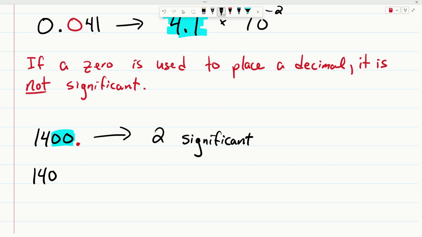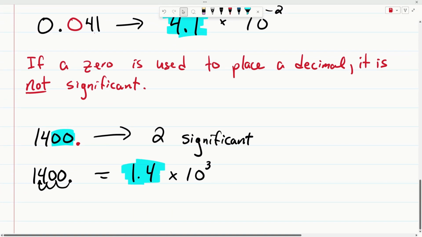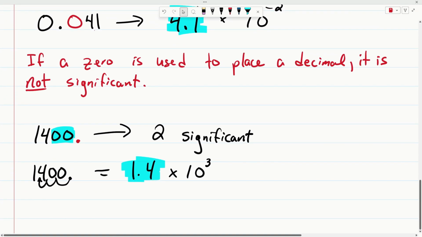Again, we could write this number as 1.4 times 10 to the third. Okay? Once again, 2 significant digits. So, if a 0 is used to place a decimal, it's not significant.